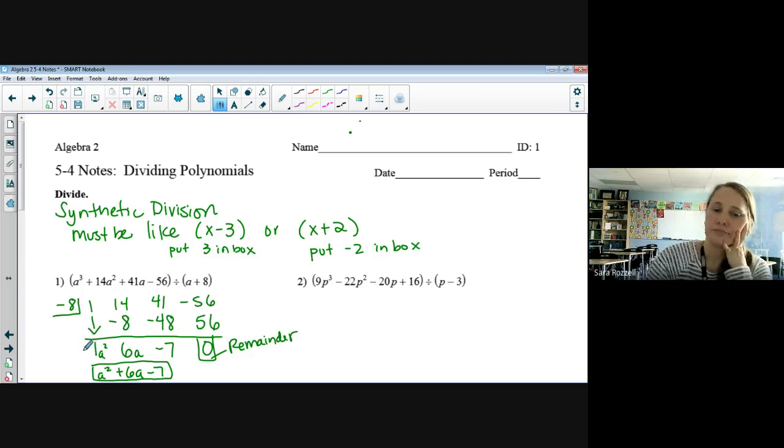And then I say 1 times -8, and I put it underneath the next number. So 1 times -8 is -8. And then I'm going to add together these numbers that are on top of each other. 14 and -8 together make 6.